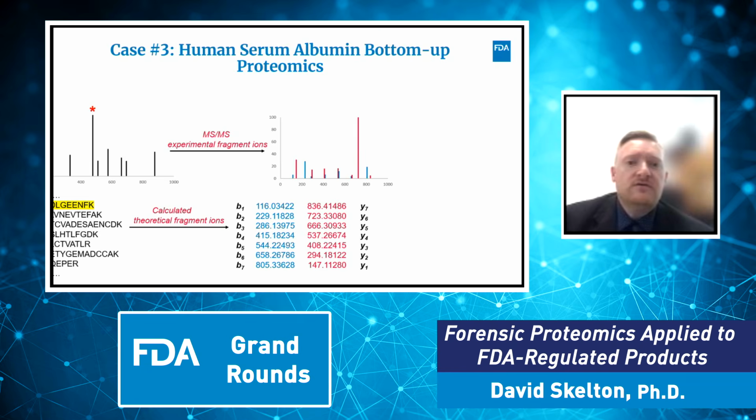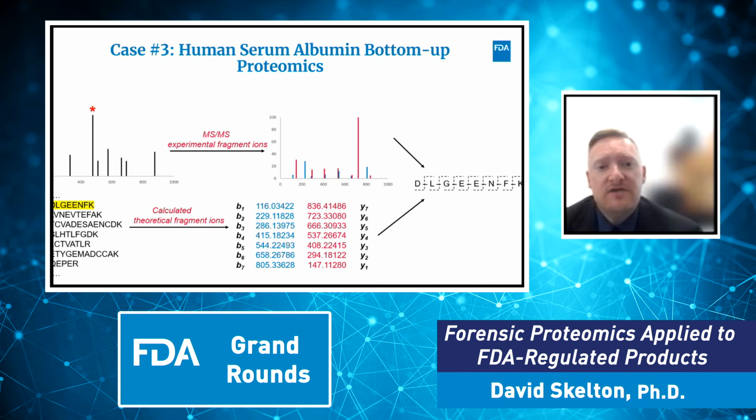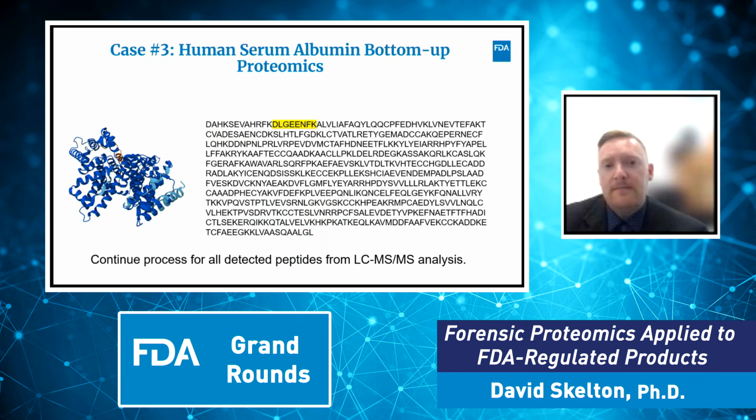But here we can see that our fragment ions match up with our theoretical ions. So we are able to assign this amino acid sequence to this peptide, and we can then map that amino acid sequence back to the larger sequence for our human serum albumin. So in this case, we were able to say the amino acids highlighted in yellow here are able to be accounted for in our analysis for HSA.